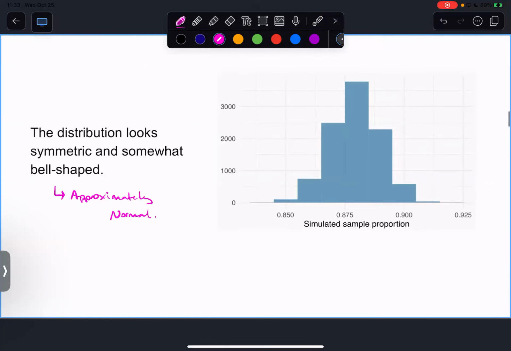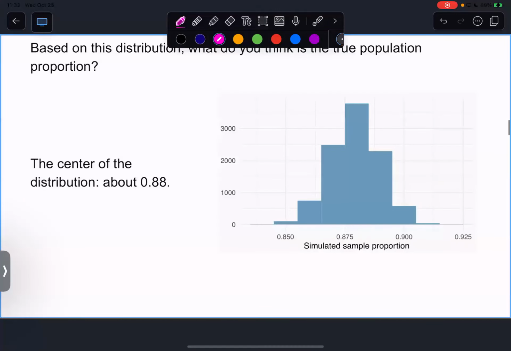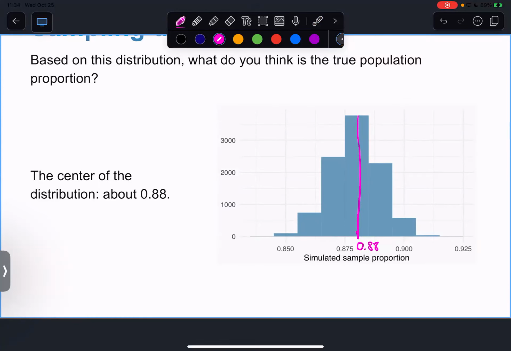What's another kind of interesting thing when we think about the center? If we kind of drape a blanket over this thing and we think about the peak, what's very interesting and a fact is that it's going to be centered on the population proportion, which, if you take a step back, makes sense, right? We expect our sample proportions to be close to the population.